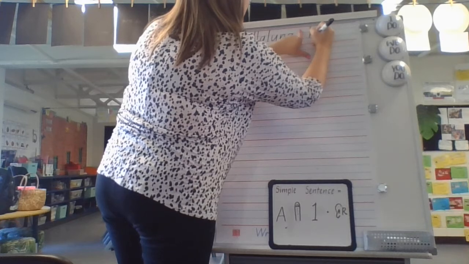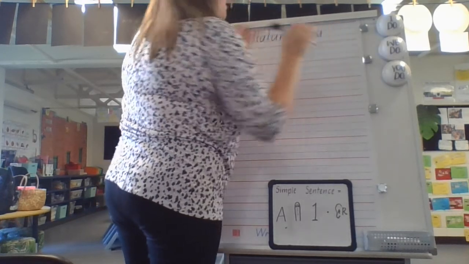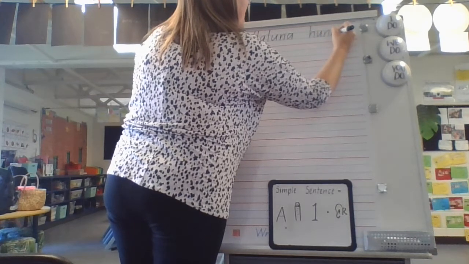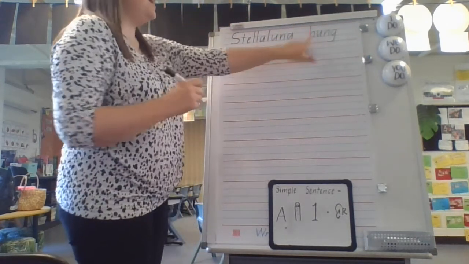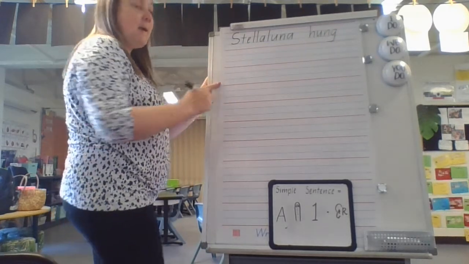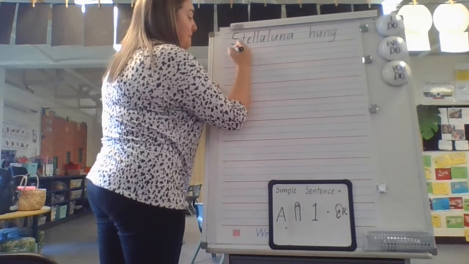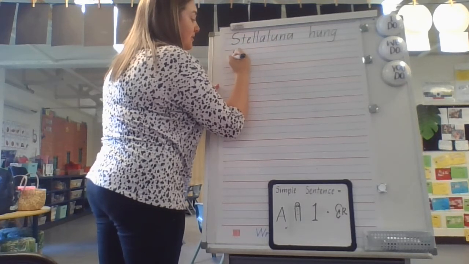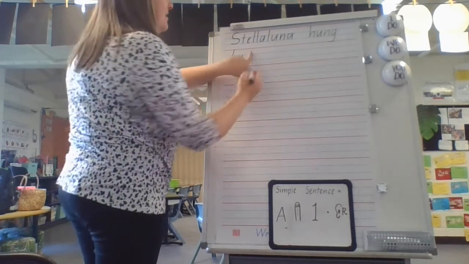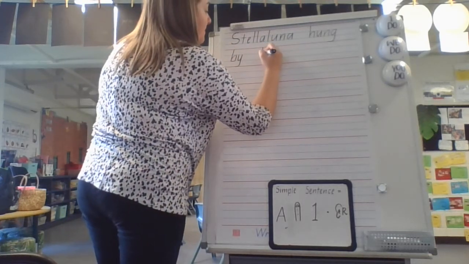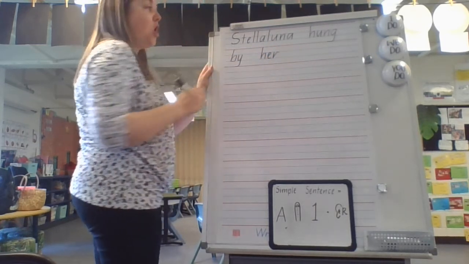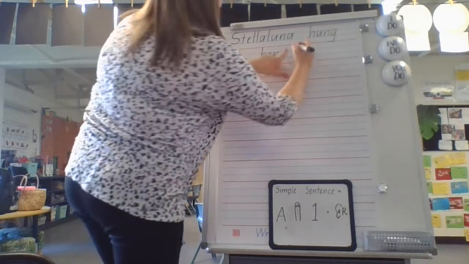Stellaluna hung. I'm going to need my finger spaces between words now. H, A, oh, I know that that's N, G. Stellaluna hung. I've run out of room here, so I'm going to go to my next line. Stellaluna hung by. I need my finger spaces again. Her. Finger spaces again.